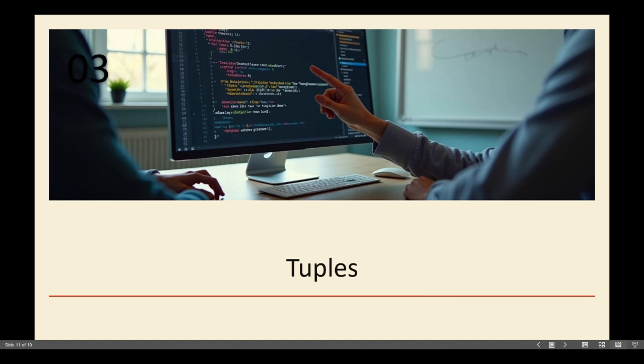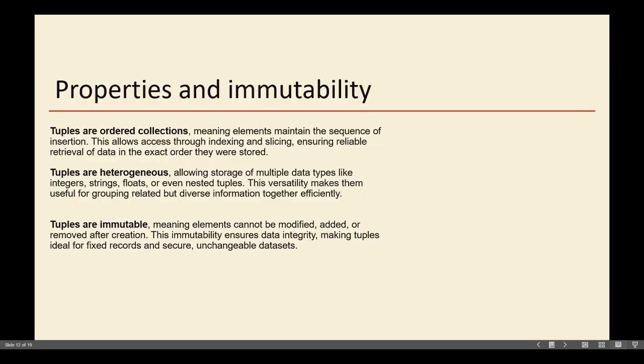The next data structure is tuple. The properties and immutability. Tuples are ordered collections, meaning elements maintain the sequence of insertion. This allows access through indexing and slicing, ensuring reliable retrieval of data in the exact order they were stored.